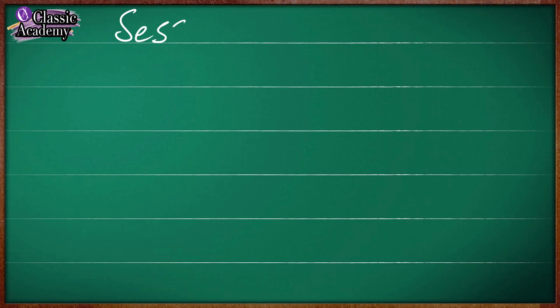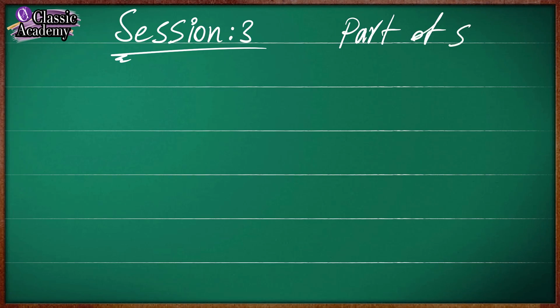Here we have got session 3, and I am sure that you remember part of speech and word order. These two are really important because they help us to understand and make different sentences.